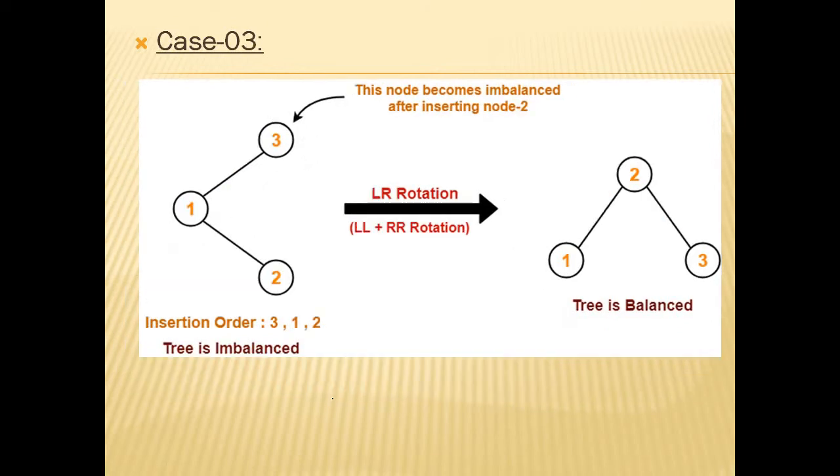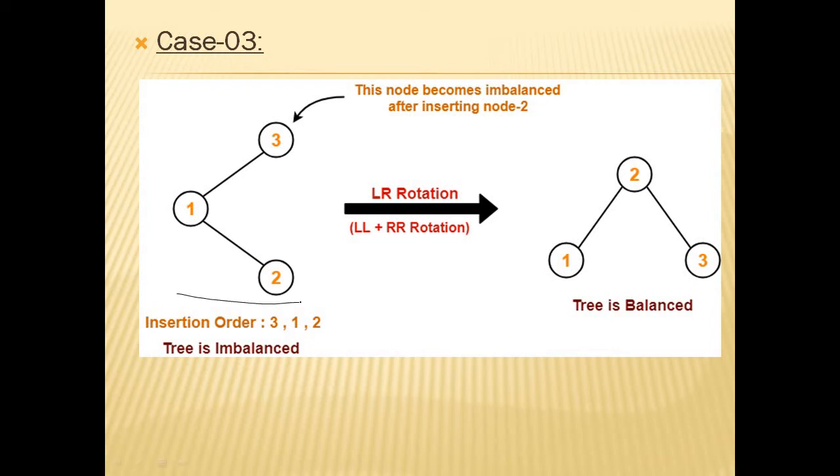And another one is LR, meaning left and right rotation. It is a combination of LL plus RR, meaning first we go with clockwise rotation, then after that anti-clockwise rotation. Let's go with one example like this.